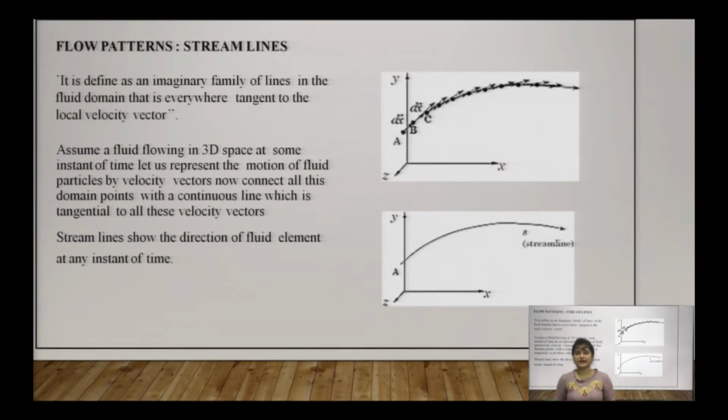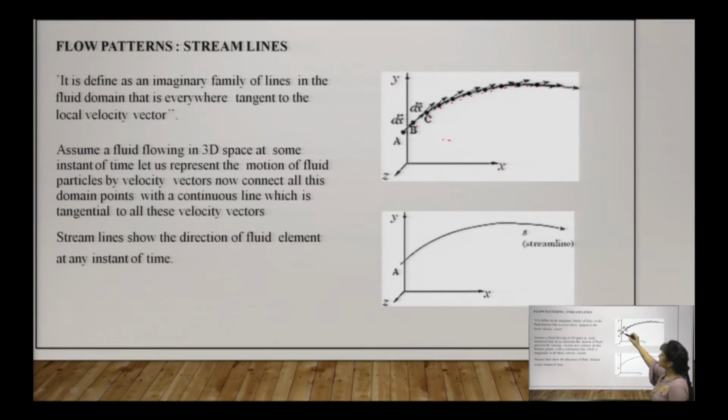Coming to the streamlines, which are actually imaginary sets of lines, they are formed basically to calculate the local velocity vectors. Here you can see x, y and z, the three planes in space, and at some points the local velocity vectors are drawn.